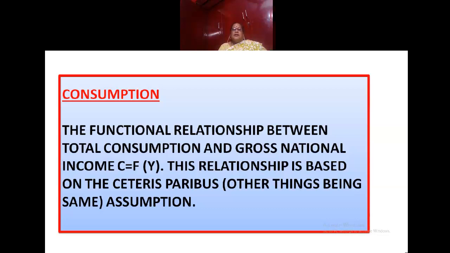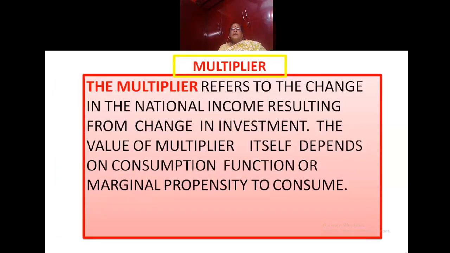Consumption function: the functional relationship between total consumption and gross national income, C is equal to F of Y. This relationship is based on the ceteris paribus assumption, that is, other things being the same.